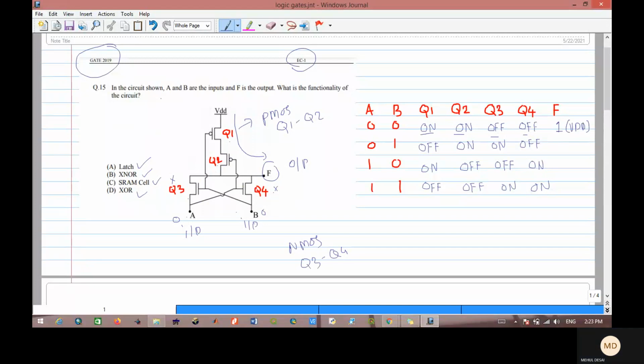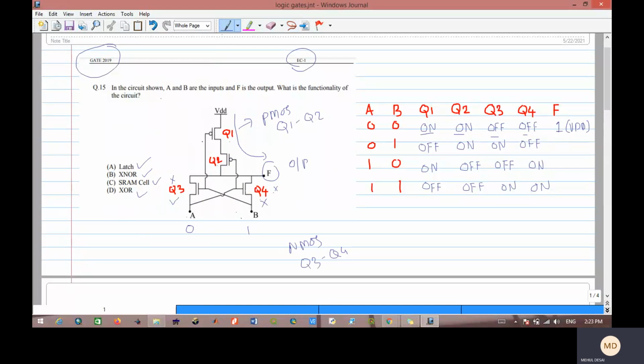Next, when we apply the input 0 and 1, the 1 is applied to Q3, so Q3 is on, and the 0 is applied to Q4, so Q4 is off.